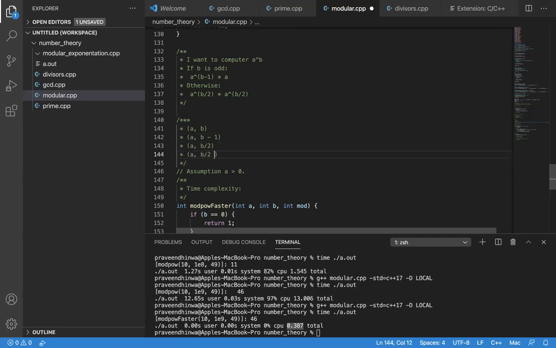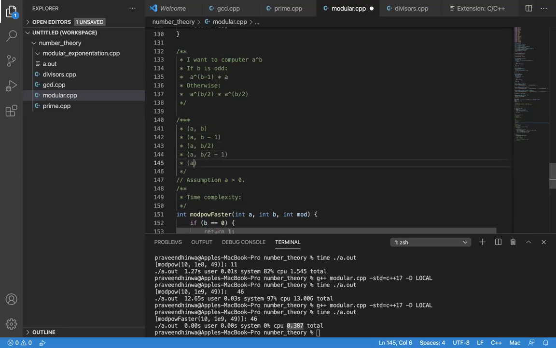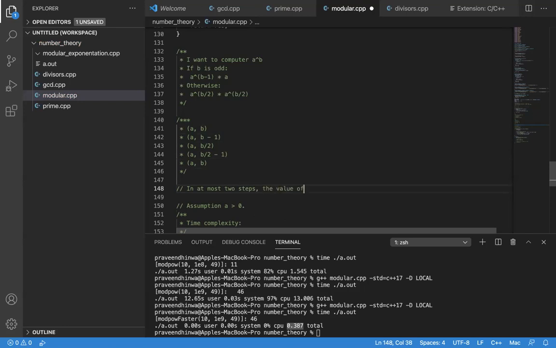Then you might do subtraction, you might even divide further. But you can see that in at most 2 steps, the value of b will be halved, that is, divided by 2. Whatever was original b, in at most 2 steps, it will be divided by 2. If b is odd, it will take exactly 2 steps. If b is even, it will take 1 step to be halved.